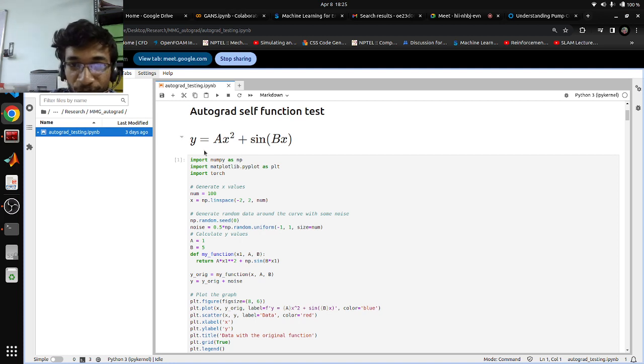So this y data that you are interested in, or some output that you are interested in, is a function of x in this form.